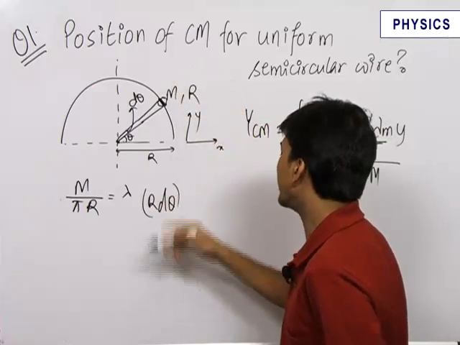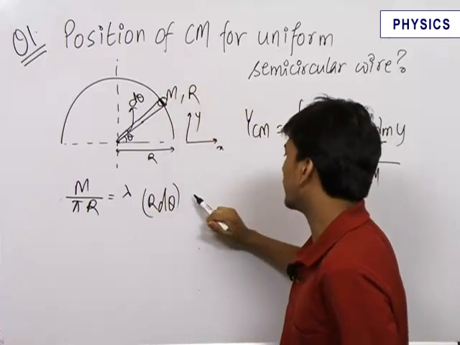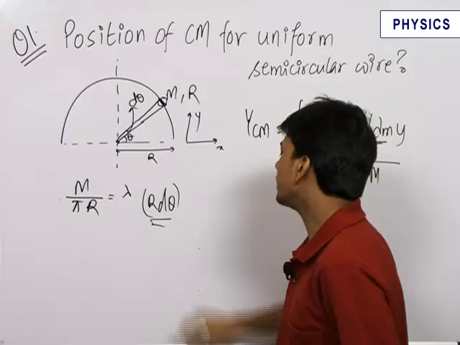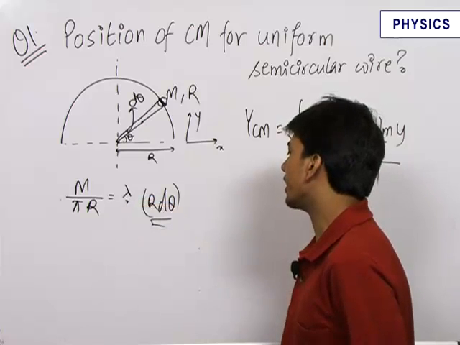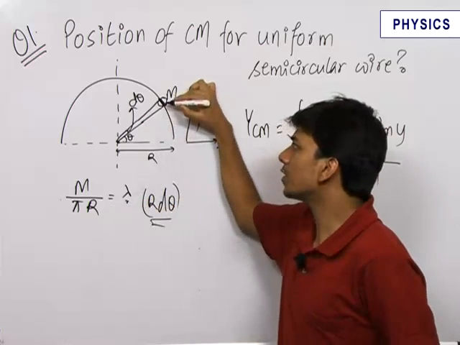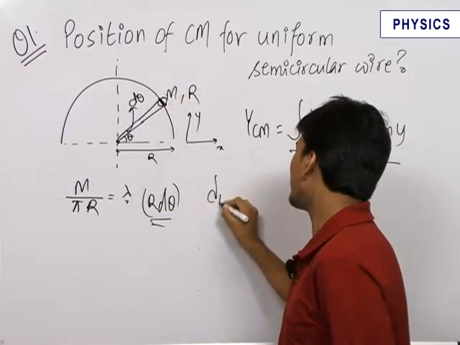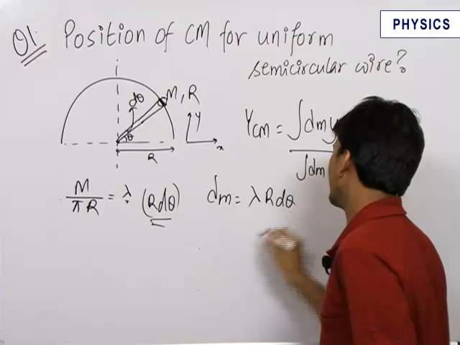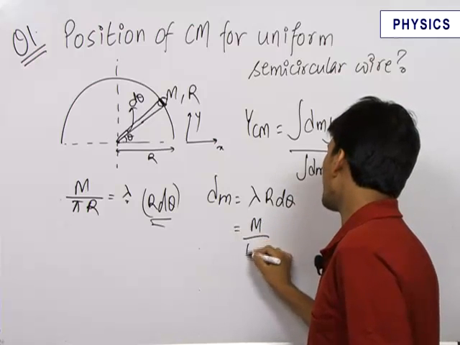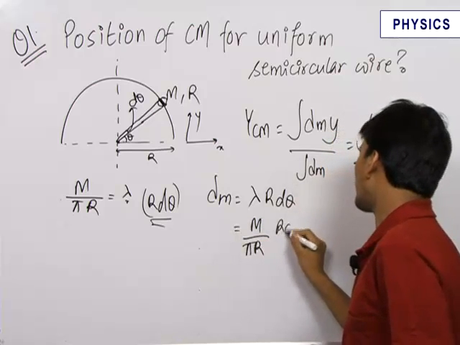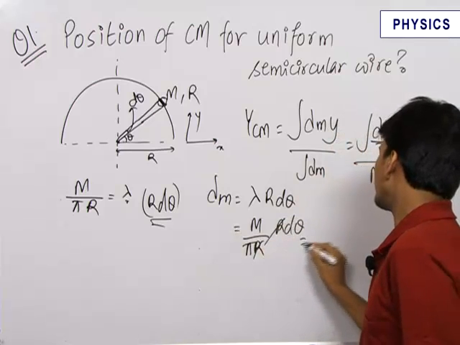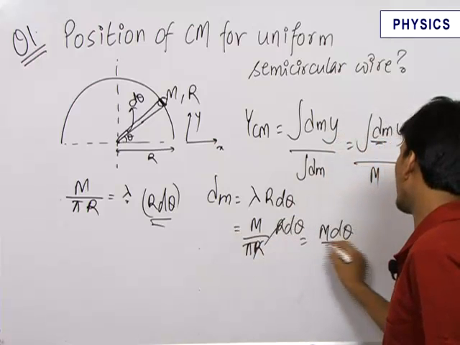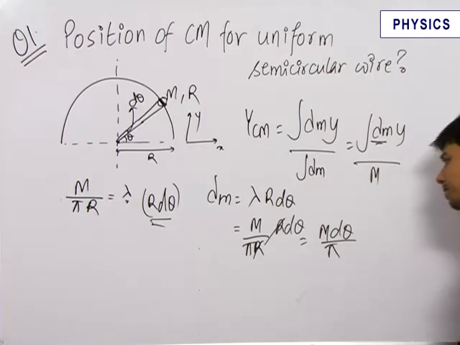Now the length of this small element multiplied by mass per unit length will give us the mass of the small element. So dm is equal to lambda into r d theta. This is equal to m upon pi r into r d theta, which is equal to m into d theta upon pi.